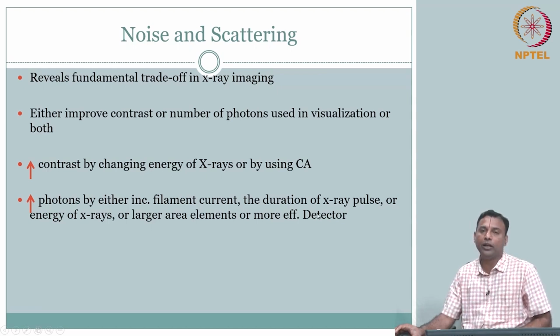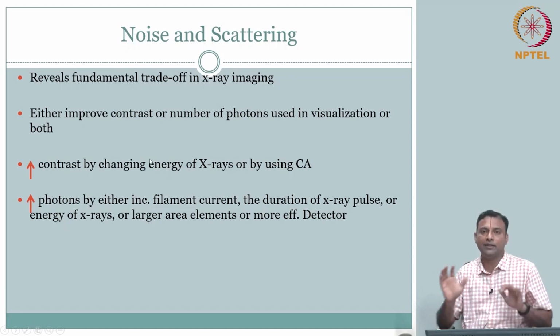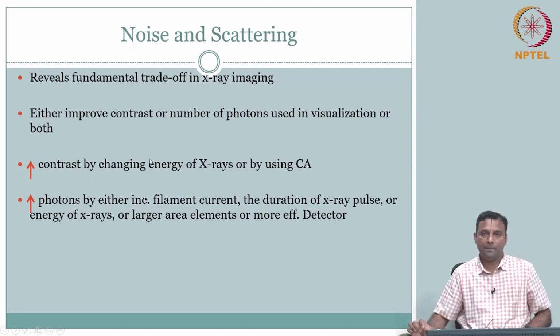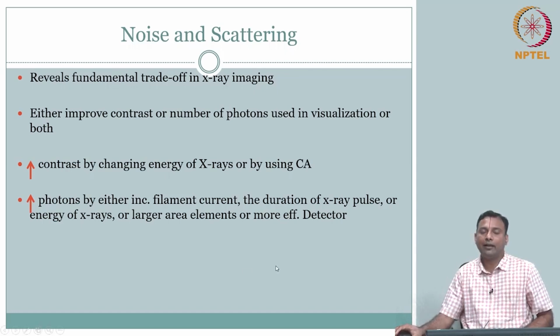If I can use a more efficient detector, I definitely can get better signal to noise ratio for all other compromises as is, right? So we need to work on how do I characterize, how do I talk about the performance of the detector, what do I mean by detector efficiency, how do I improve the detector efficiency, right?